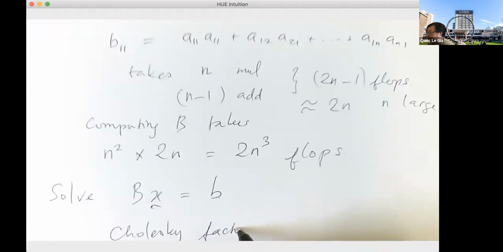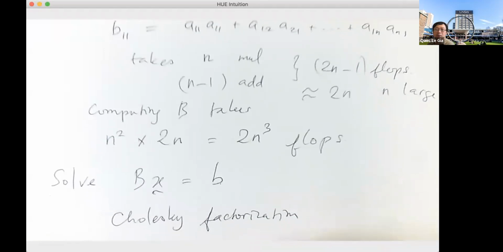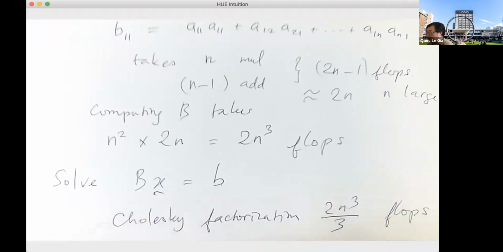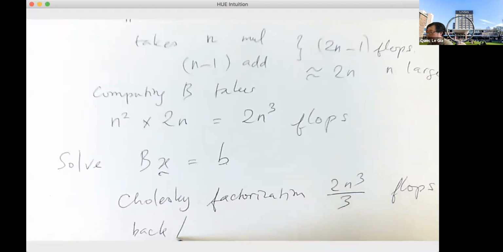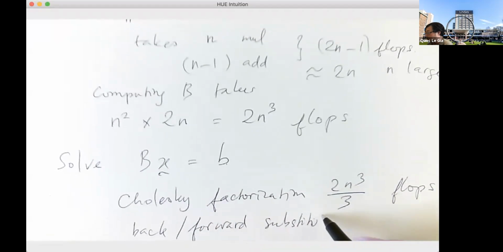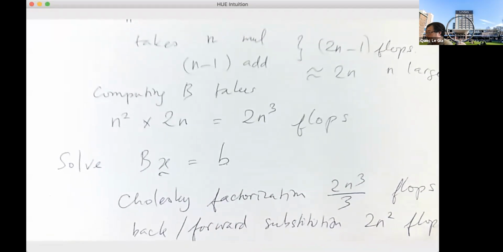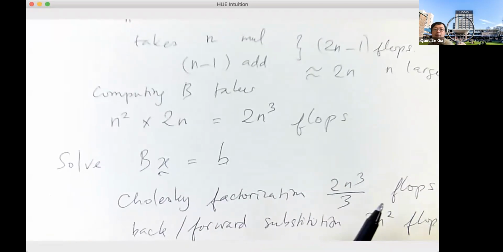Then it takes n cubed over 3 flops, and then you have back and forward substitution, which is 2n squared flops.